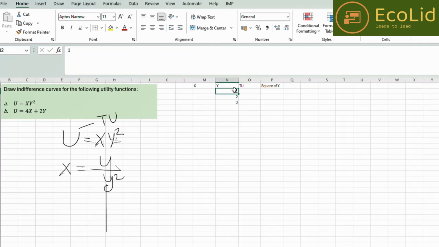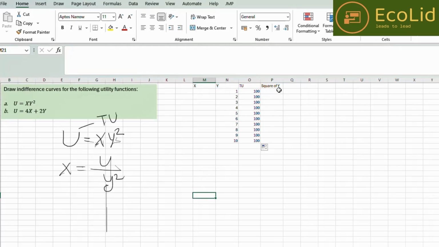We will continue it till 10, and then we need to fix the total utility value. Suppose we are taking total utility as 100. So for all combinations of x and y, total utility will remain the same, so it will be 100. So we have dragged and dropped the values of the total utility for all the cells.